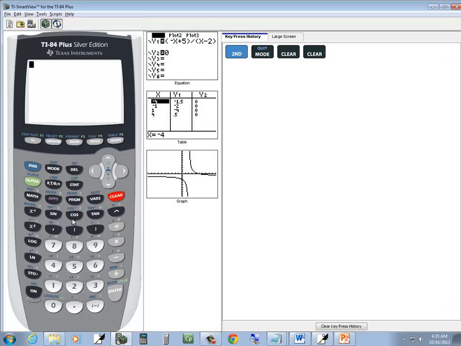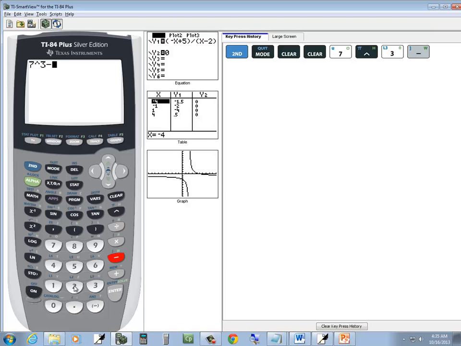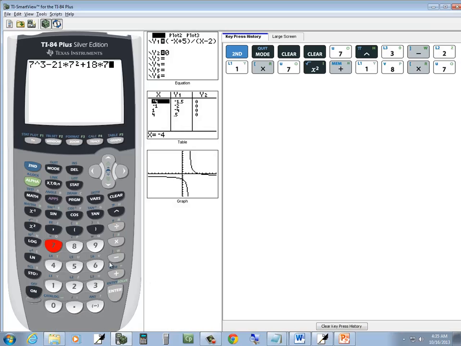And we've got 7 to the third minus 21 times 7 squared plus 18 times 7 minus 6.